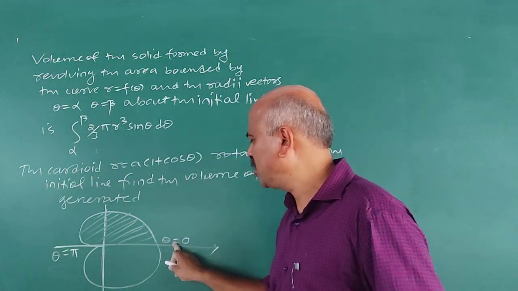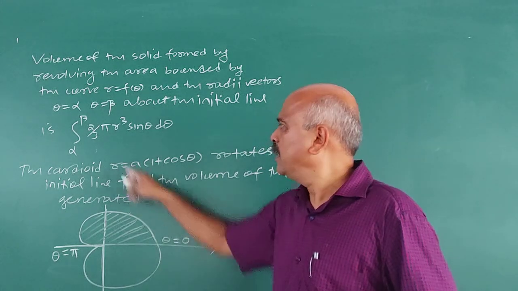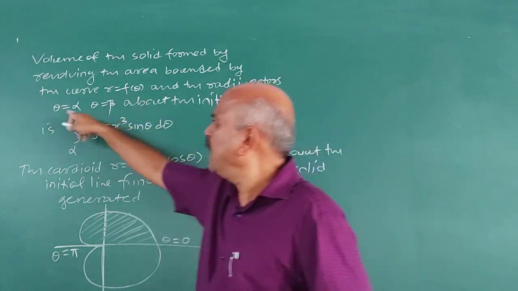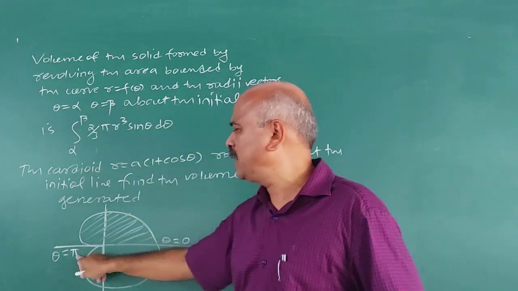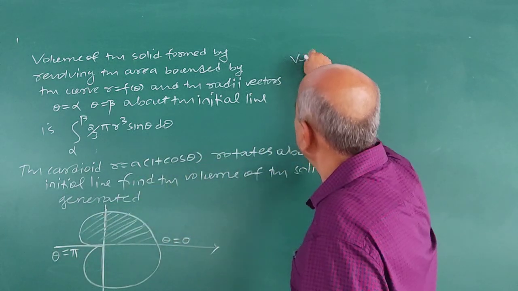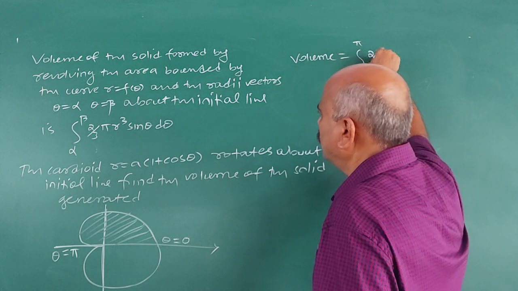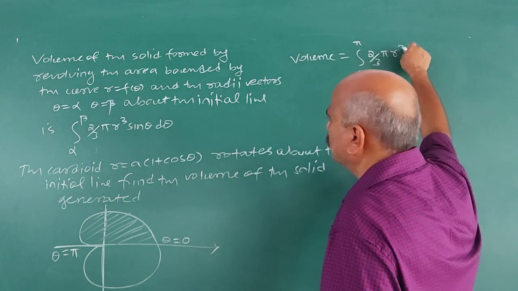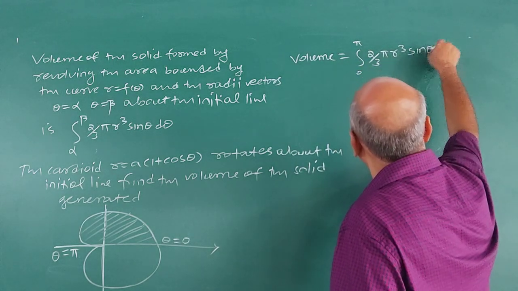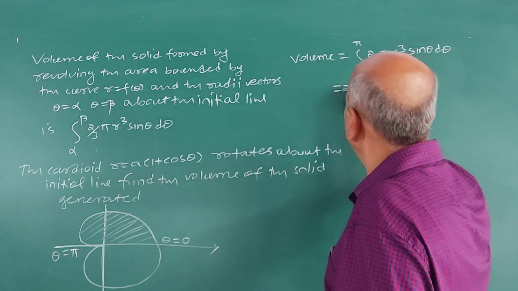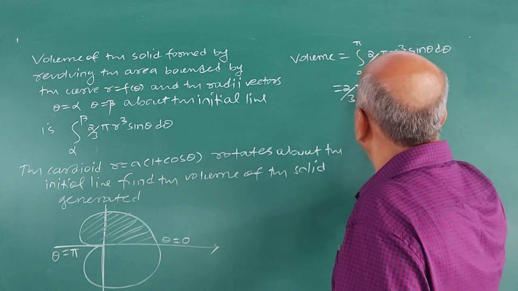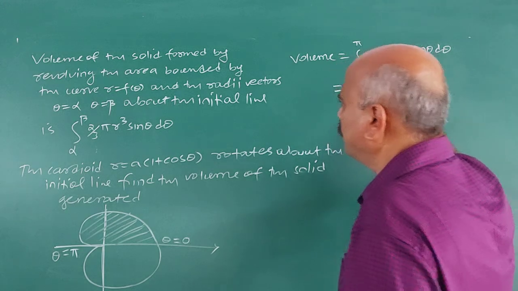So what are the limits of integration? 0 and pi. Theta alpha, theta beta: alpha is 0, beta is pi. So the volume is the integral from 0 to pi of 2 by 3 pi r cube sin theta d theta. What is r cube?